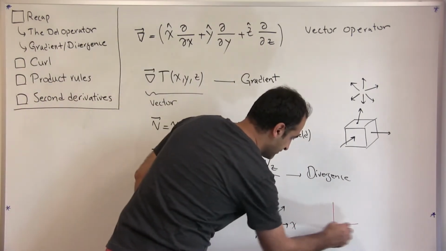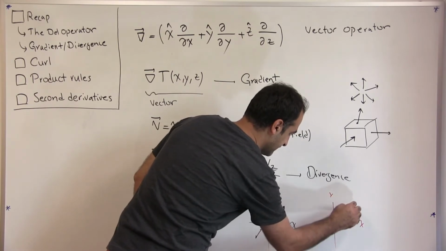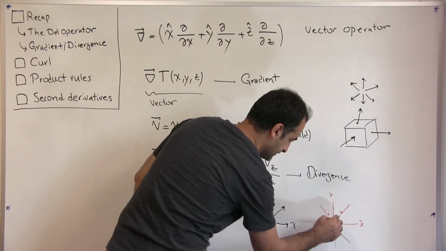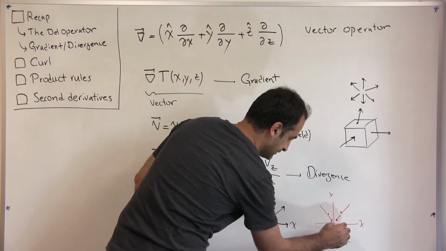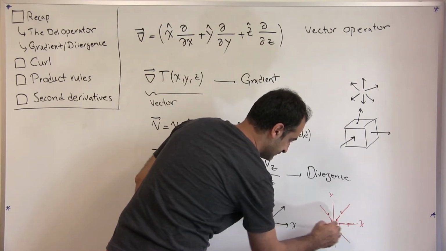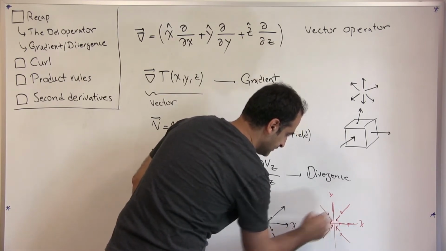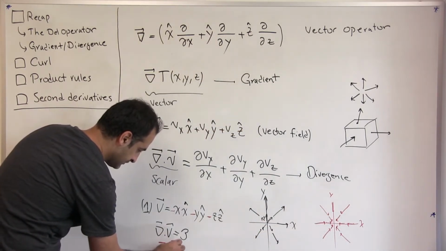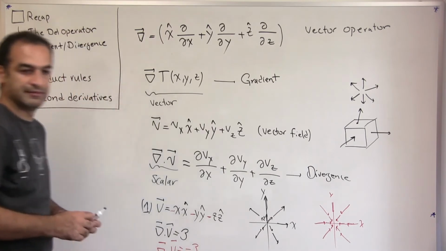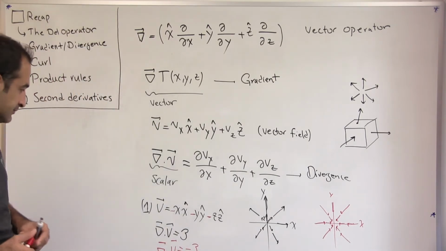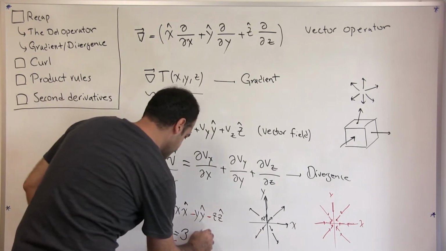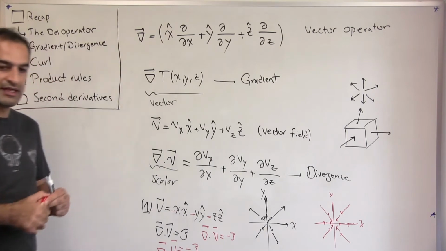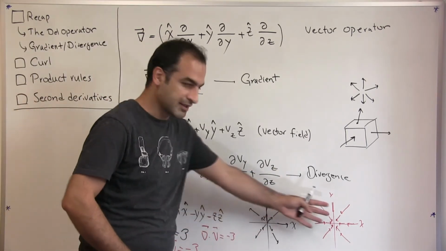Okay, we get something like this: x, y. We get field lines towards center. Okay, and if you look at this, the divergence becomes -3. So let me write here. Okay, so this is one example that it's very obvious diverging and converging.